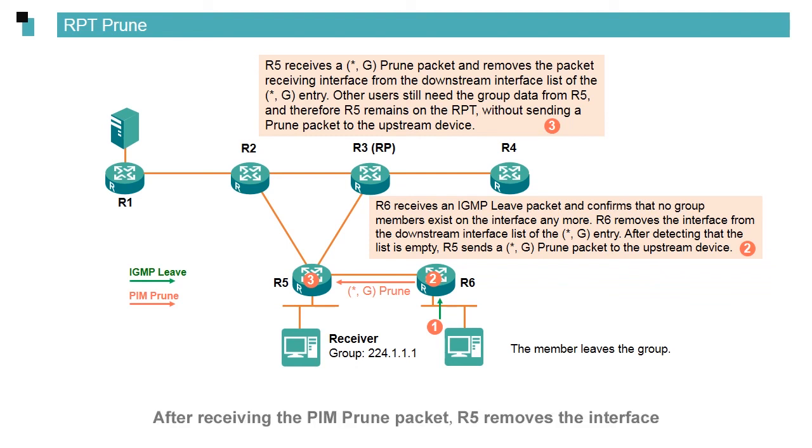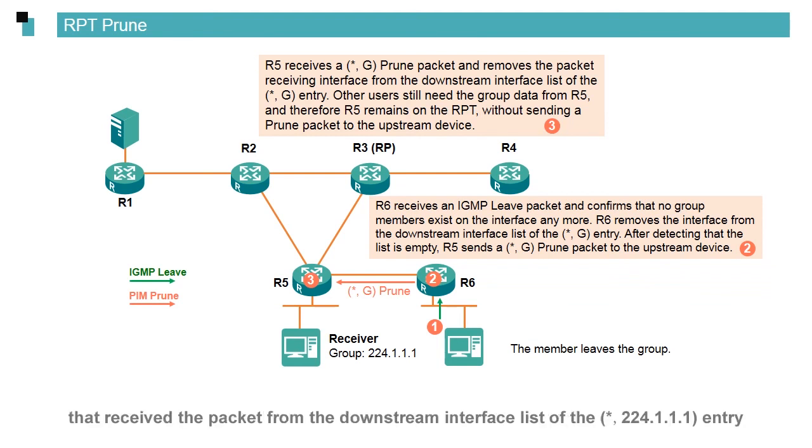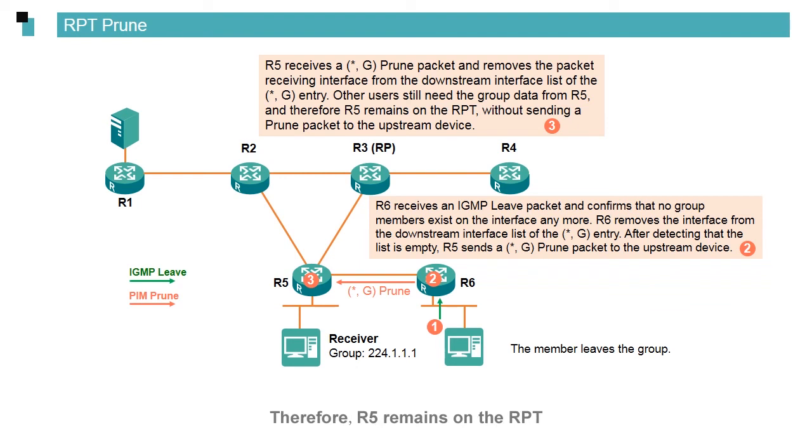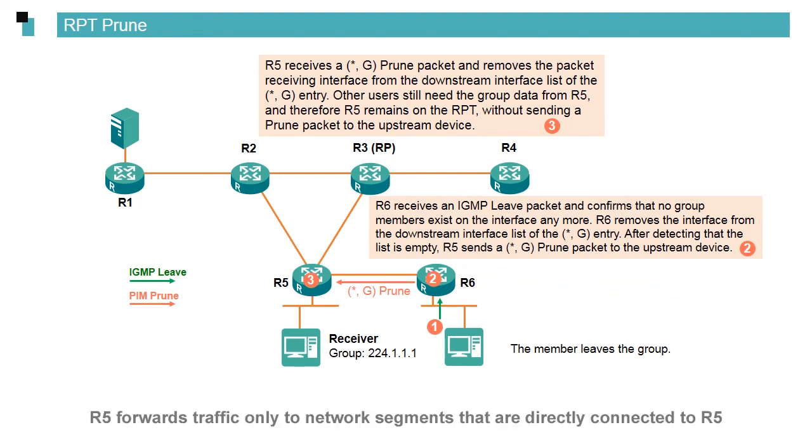After receiving the PIM prune packet, R5 removes the interface that received the packet from the downstream interface list of the (*, 224.1.1.1) entry. After the interface is removed, the list still contains at least one interface. Therefore, R5 remains on the RPT, and multicast traffic is still forwarded from the RP to R5.